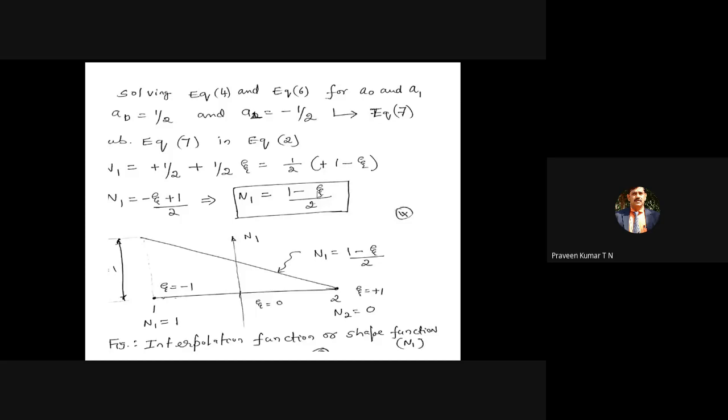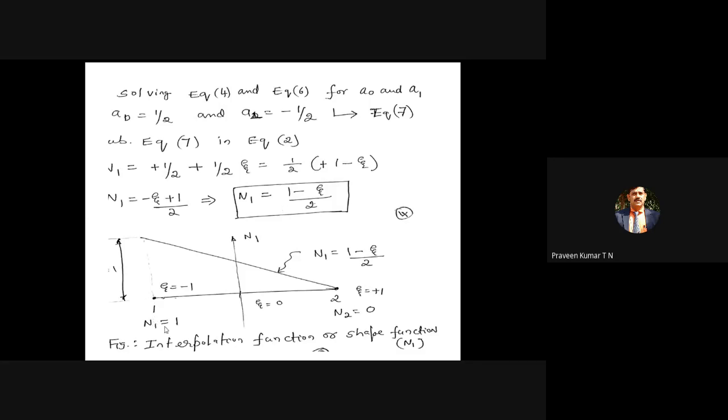So xi is your x, and m is minus 1 by 2. That means this is nothing but the equation of a straight line. Your N1 is a straight line. We assumed that the variation of the temperature within the element is a straight line. Hence, we are getting the straight line equation. 1 minus xi divided by 2 is a straight line equation.